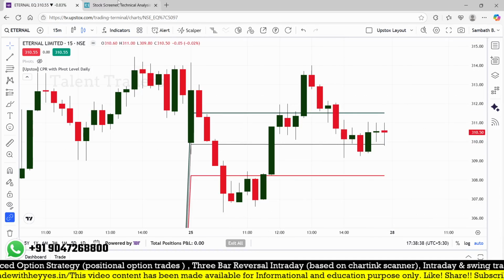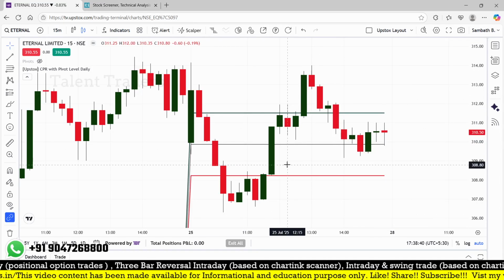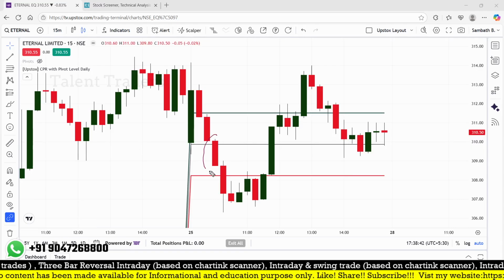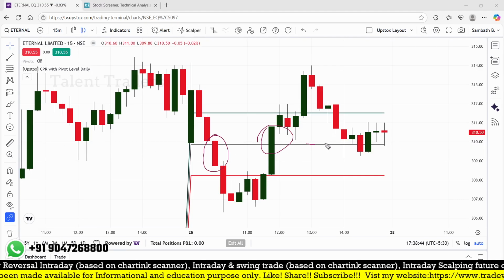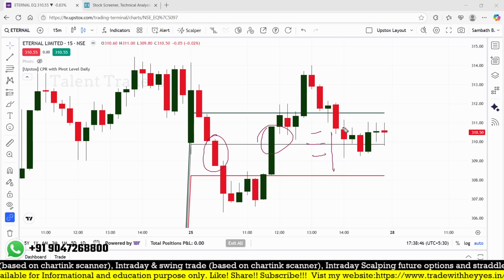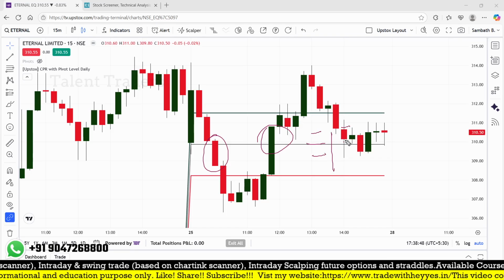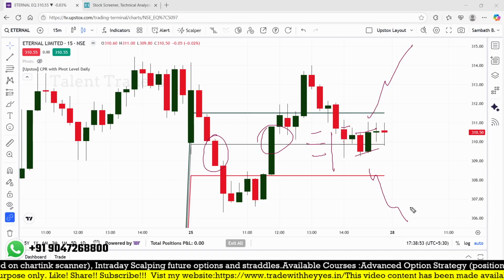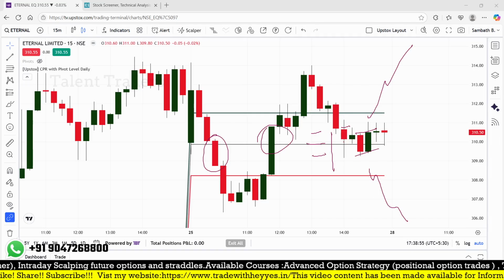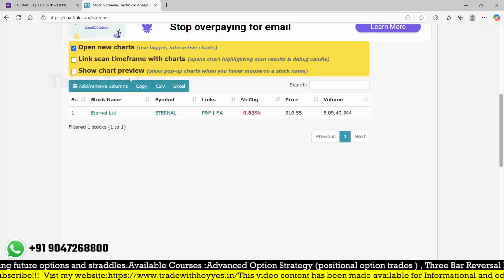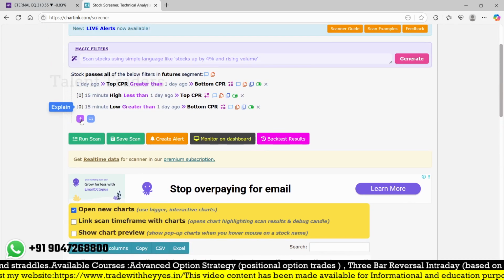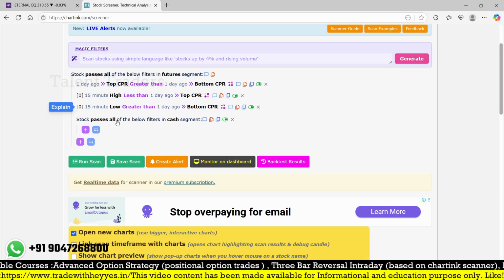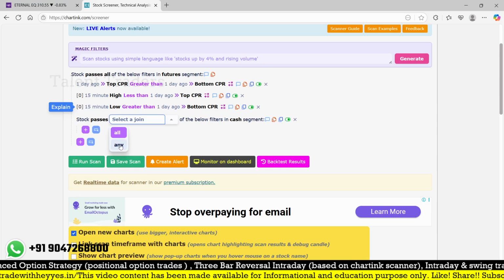And one more idea which I want to find out: if any stock forms such a pattern, where it was at the pivot, open below and closed above, or open above and closed below, exactly like this, after that we can look for above or below. So how do we create that? If we are going to create two patterns, we need to use a subfilter. Okay, so any one of them.